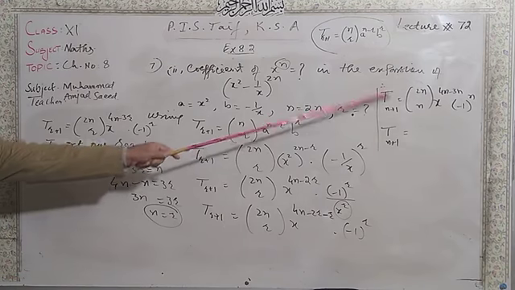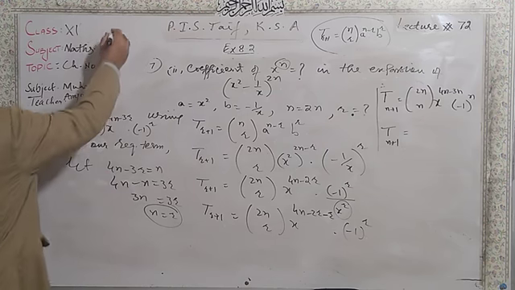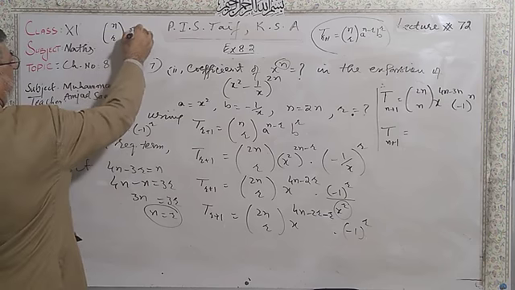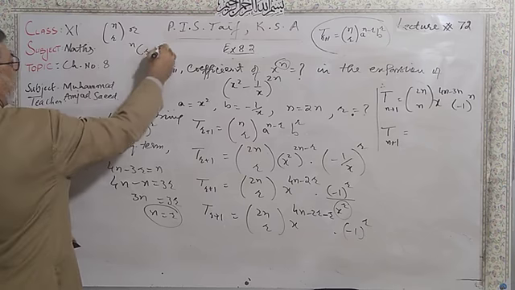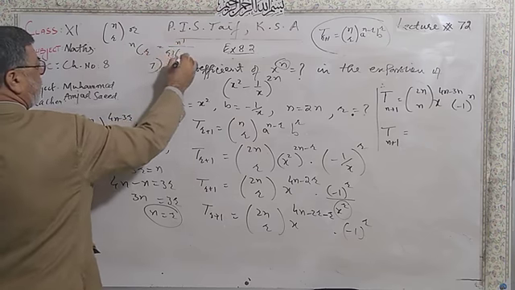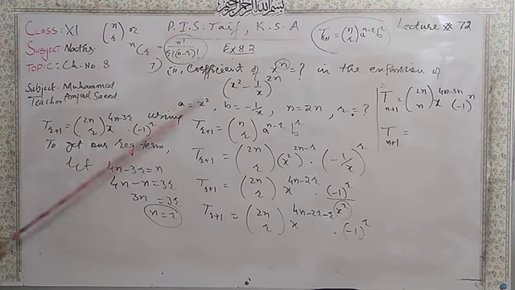Now this is 2nCn. First of all, I want to tell you, this can be written as nCr. When you open up nCr, it is n factorial over r factorial into n minus r factorial. This is the manual formula for nCr.